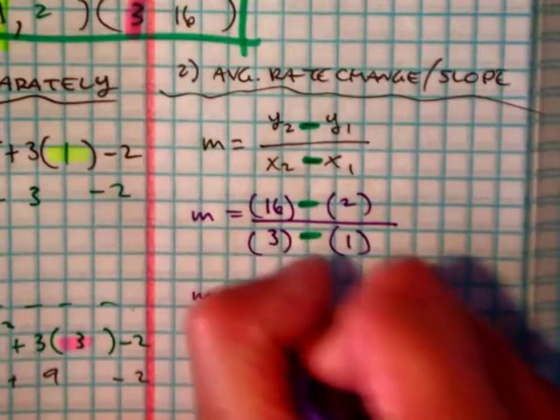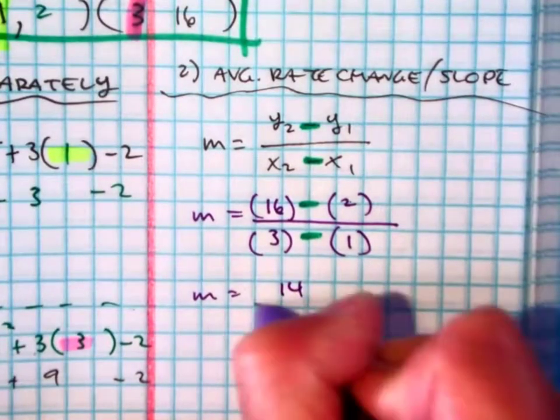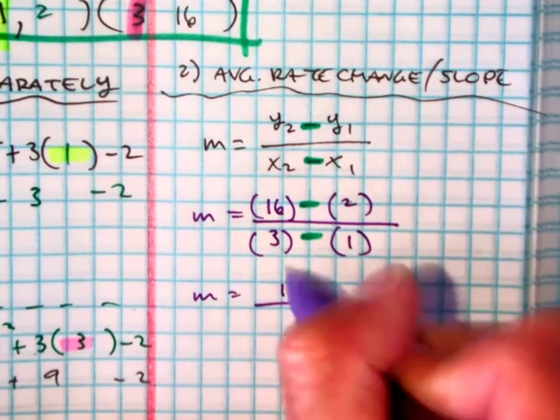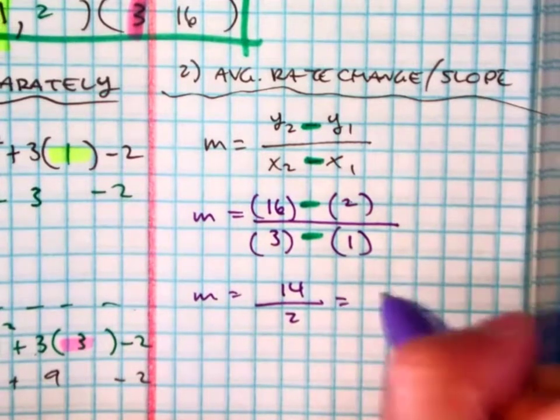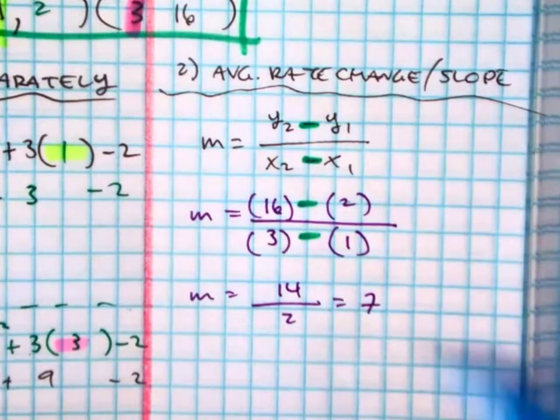And now I have 16 minus 2, which is 14 over 2, and 14 divided by 2 is 7. The average rate of change is 7.